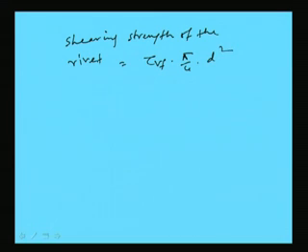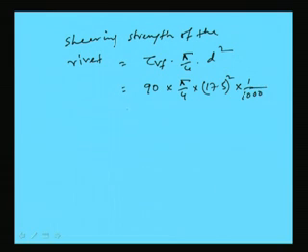So, tau Vf is 90 into pi by 4 into d square, means 17.5 square, right. This will come in Newton. So, if we divide by 1000 it will come as kilonewton. So, this is coming 21.65 kilonewton.